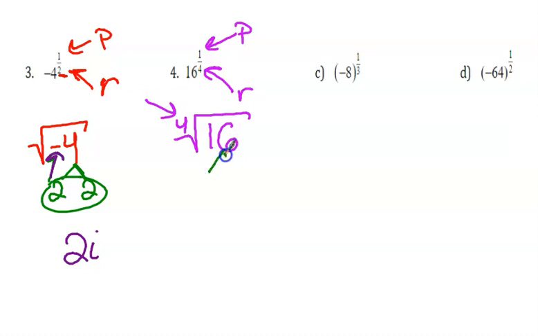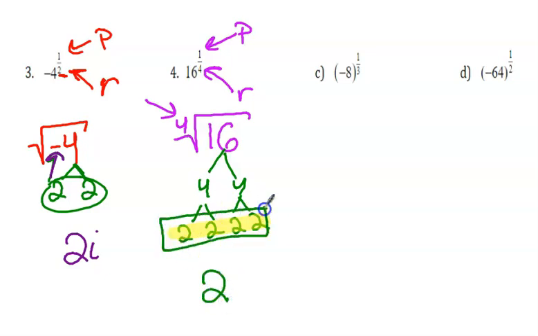Okay, so let's break apart 16 and see what's up. I'm going to keep breaking apart until I get my prime numbers. And if you notice, I have 4 2's. Well, that was convenient. So my answer is just 2 because I needed 4 of them in order to take it out.